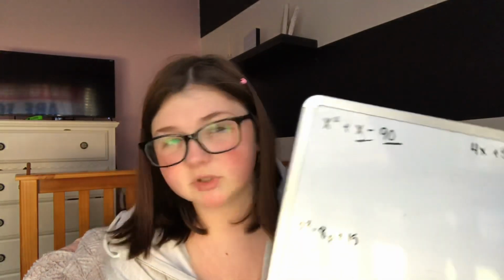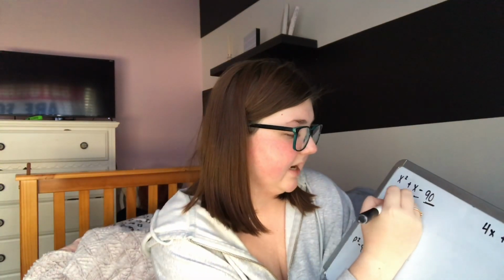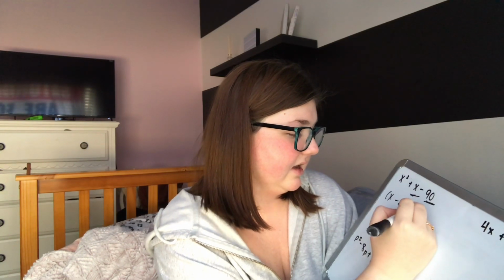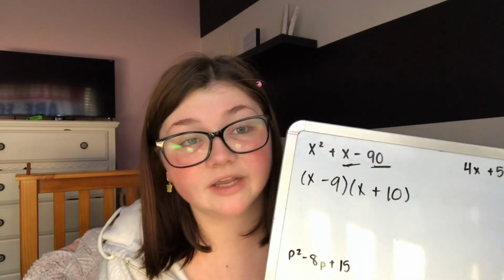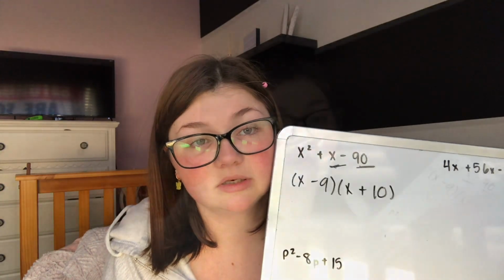And what 2 numbers do you think would go into that? Right, so we're going to have x minus 9 and x plus 10. So when you multiply that out, it gives you negative 90 and adds to give you x.